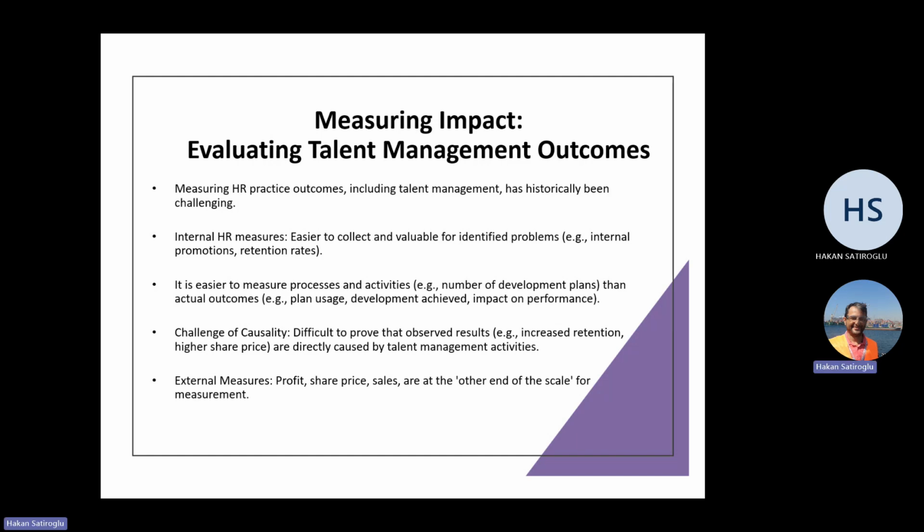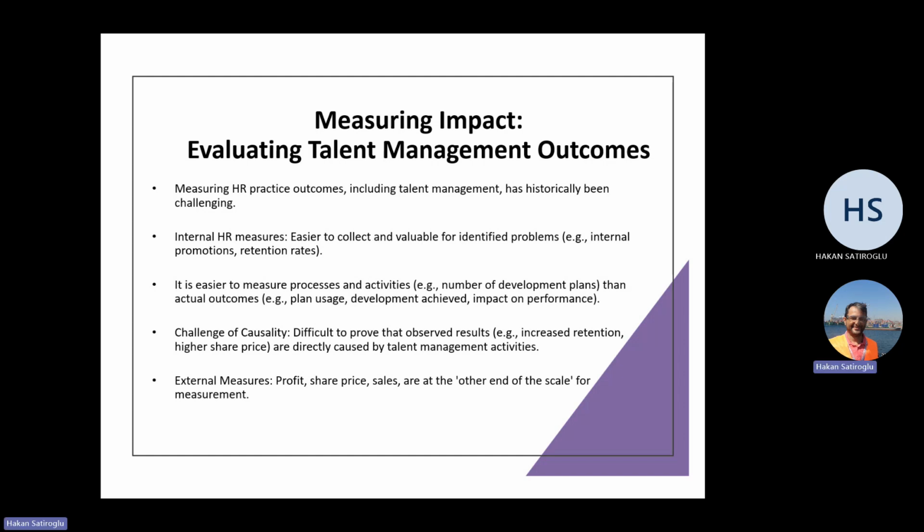In a data-driven world, demonstrating the return on investment of talent management is paramount, and we have to accept this is complex. While process metrics provide insights, true impact lies in measurable outcomes and attribution of causality.